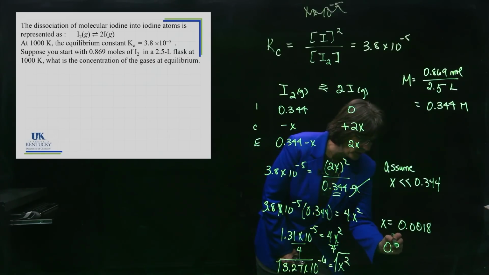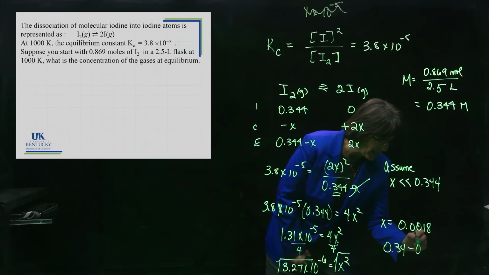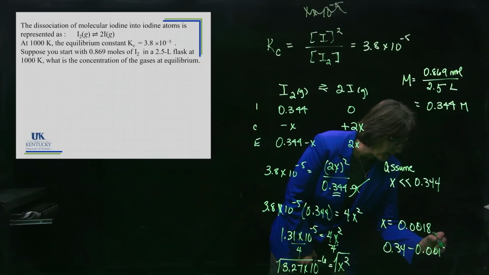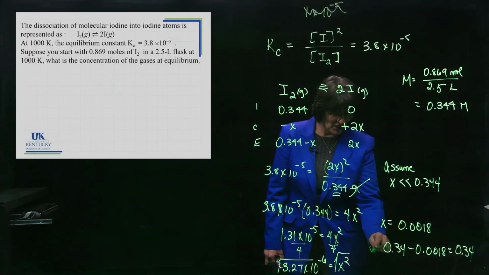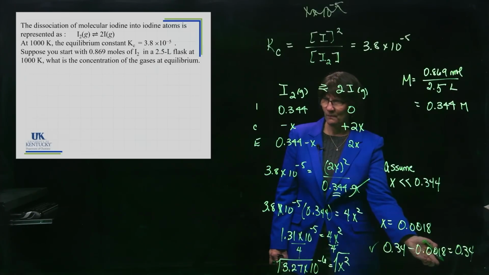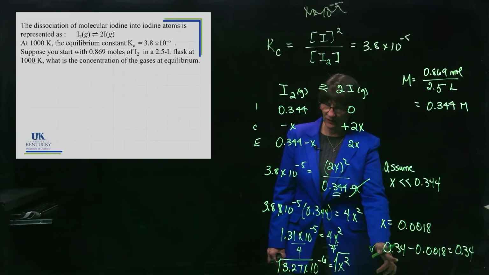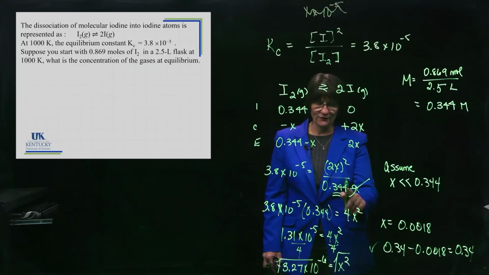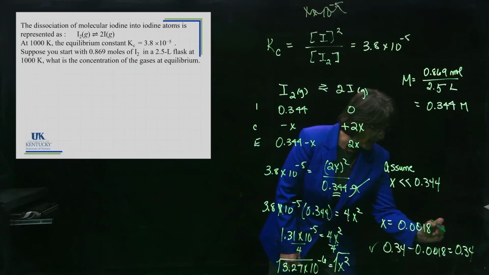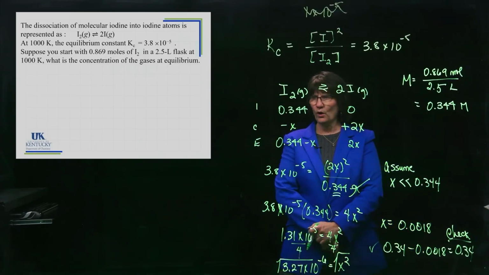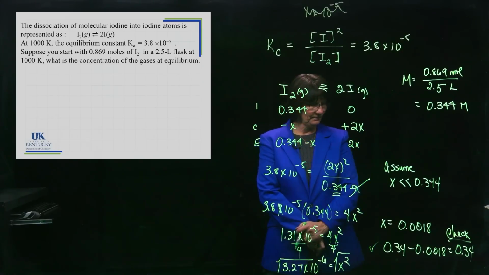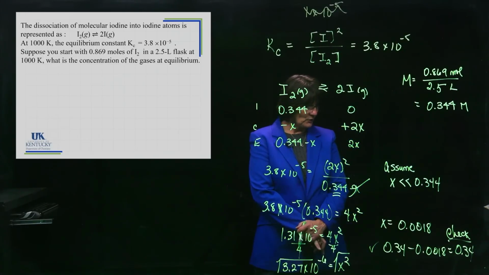If I take 0.34 and I subtract 0.0018, guess what I get? I still get 0.34. That's my check. It was so small that it didn't make any difference, so I ignored it, and that was fine. So you always do the check, because it's not always going to work to make that assumption. But if you do the check and it was okay, you're great.